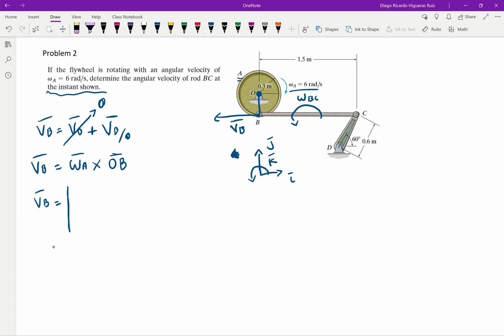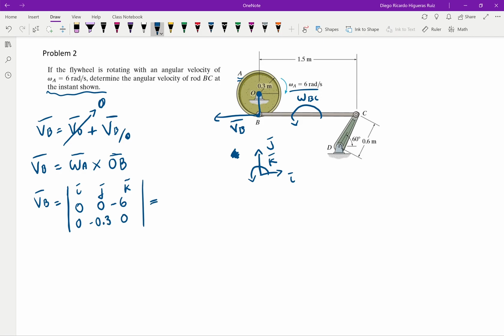Okay. So we are gonna have I, J, K, 0, 0. This is gonna be negative 6 radians per second, and then the position is gonna go from O to B, and I expect that to be negative 0.3 in the J, right?